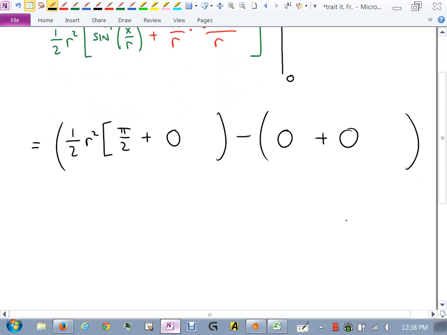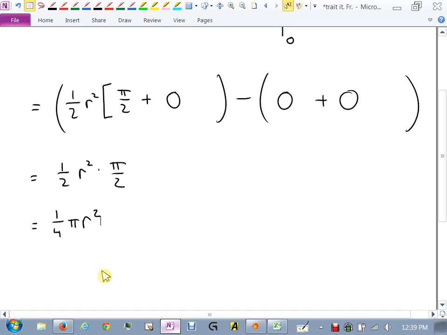So your answer is, we got 1/2 r squared times pi over 2, which is 1/4 pi r squared. But that was only the first quadrant. So multiply times 4. You get pi r squared. There you go. Now that's just one of many formulas, and this is one way you can get to them.